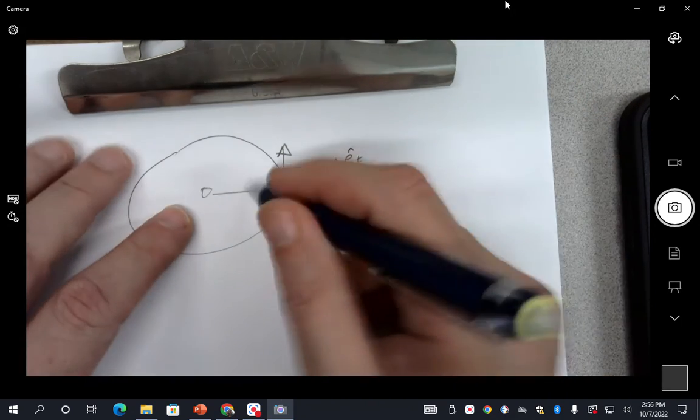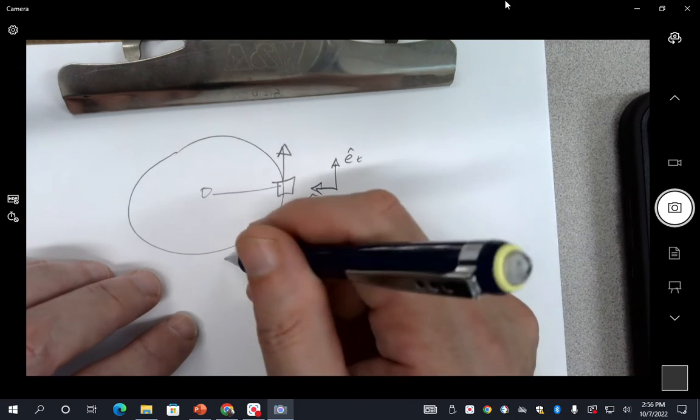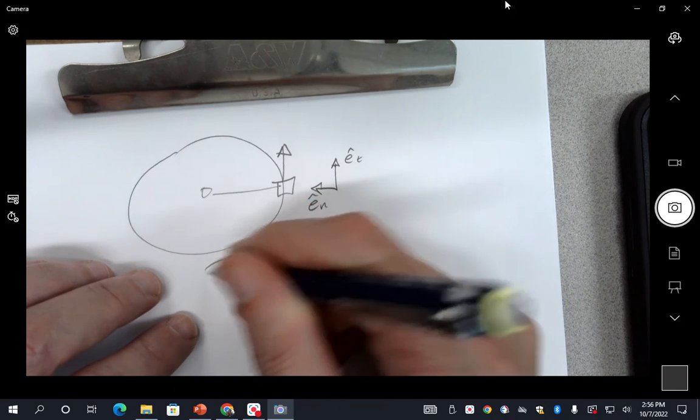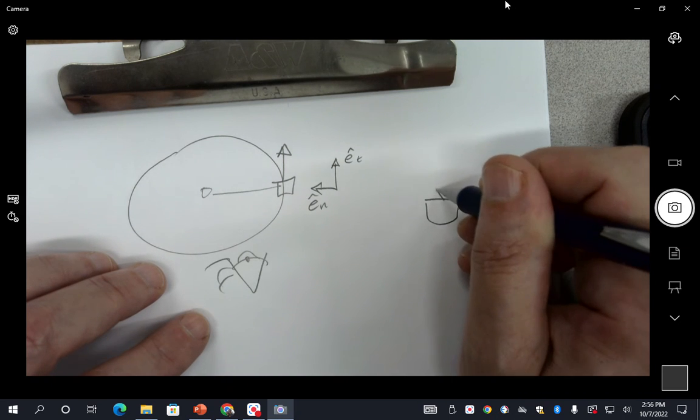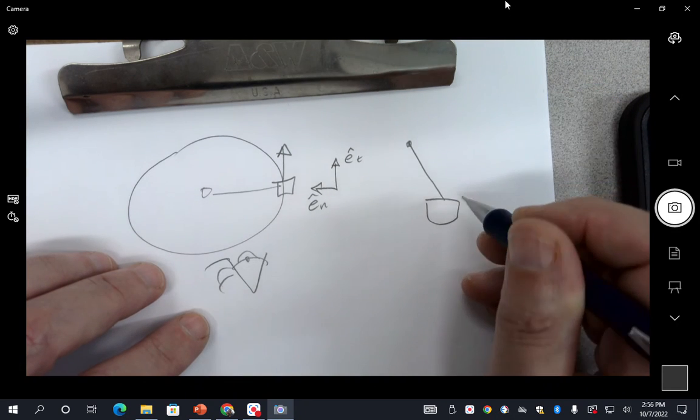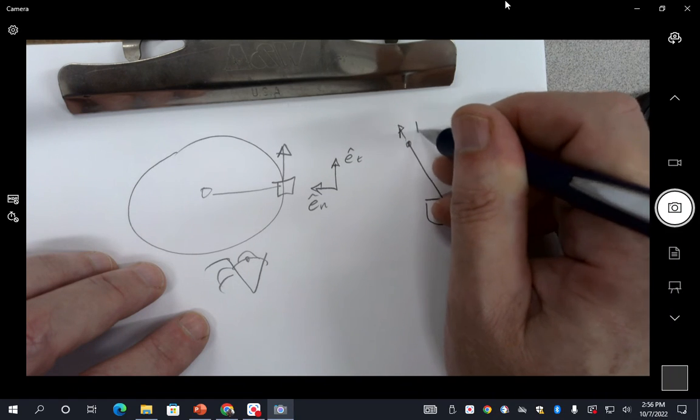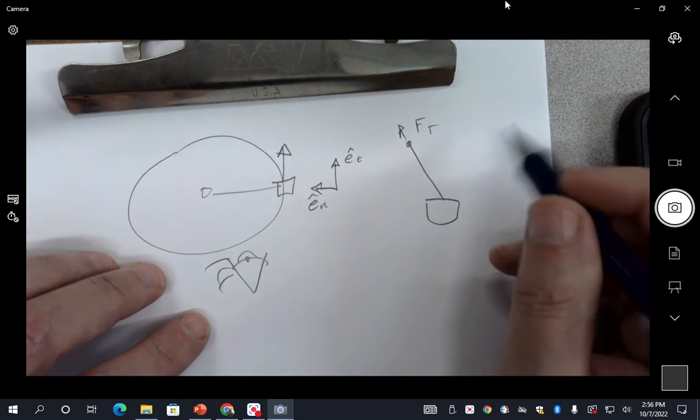But we really can't do much in that, so we want to look at it from the side instead, and draw what the tension is right in there.